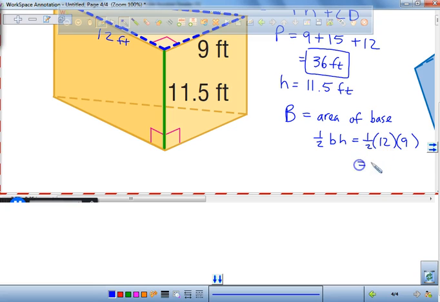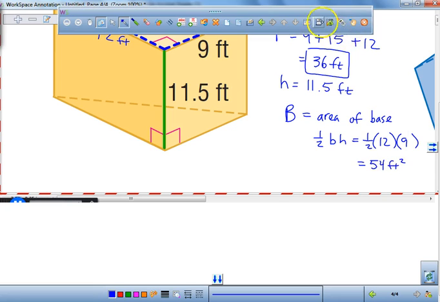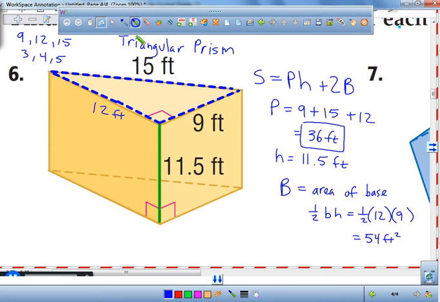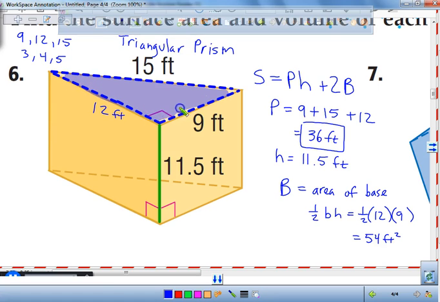So we're going to say this is 54 feet squared. That's the area of the triangle. We're going to shade it in just to help you guys understand that this represents the area right here of the triangle. Okay? So that 54 feet squared is the area of the triangle.